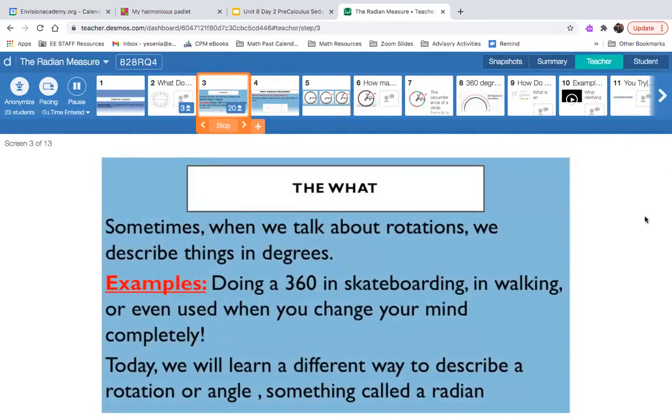All right, everyone. So let's talk about this. Sometimes when we talk about rotations, we like to describe things in degrees, like 0 degrees, 90 degrees, 180, or for example, if you're doing a 360 in skateboarding. Y'all can correct me if I'm wrong, what is it when someone changes their mind and they say they did a complete, was it 180 or 360? Let's see what's in the chat.